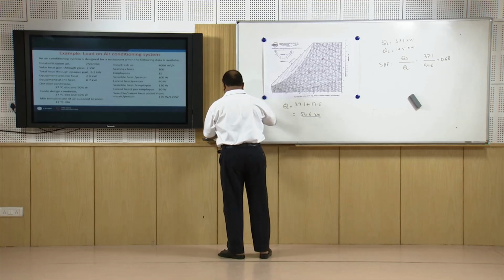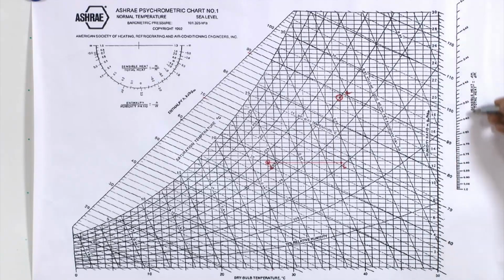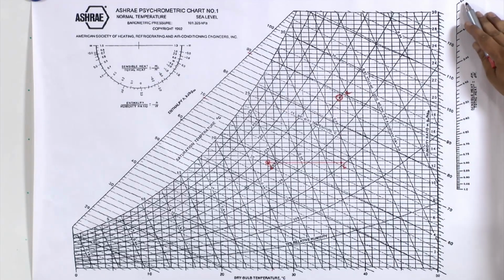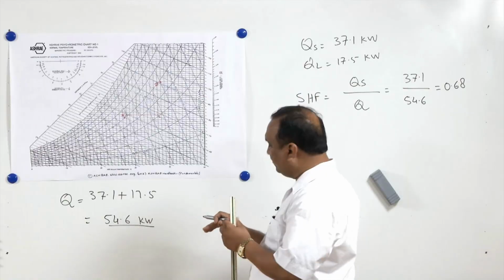Now in this case the sensible heat factor is 0.68. In the psychrometric chart, there are certain marks here. These marks show the ratio of sensible heat and total heat, that is the sensible heat factor, and they start from 1 to 0.3, which covers all types of indoor environment.